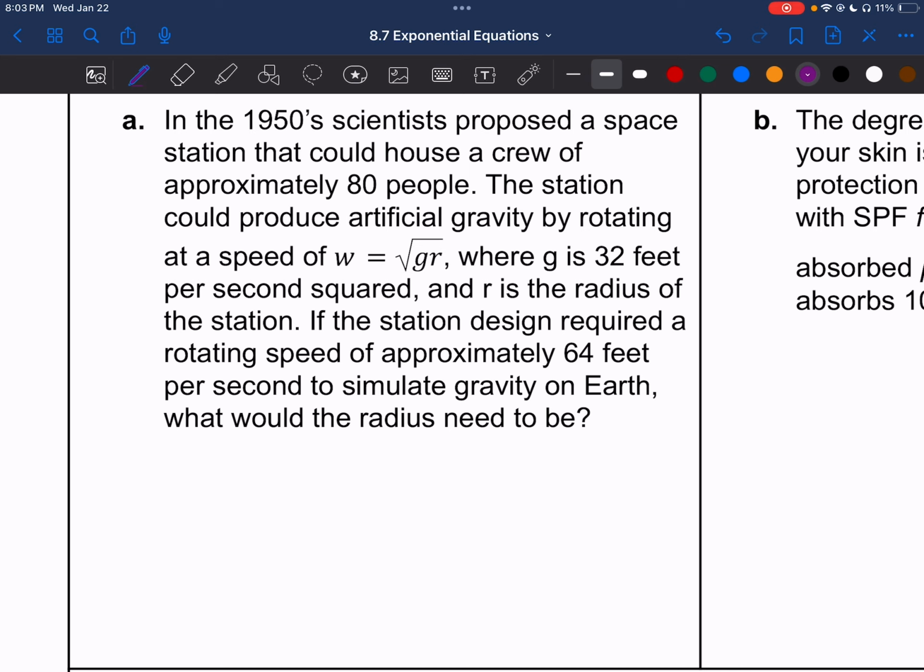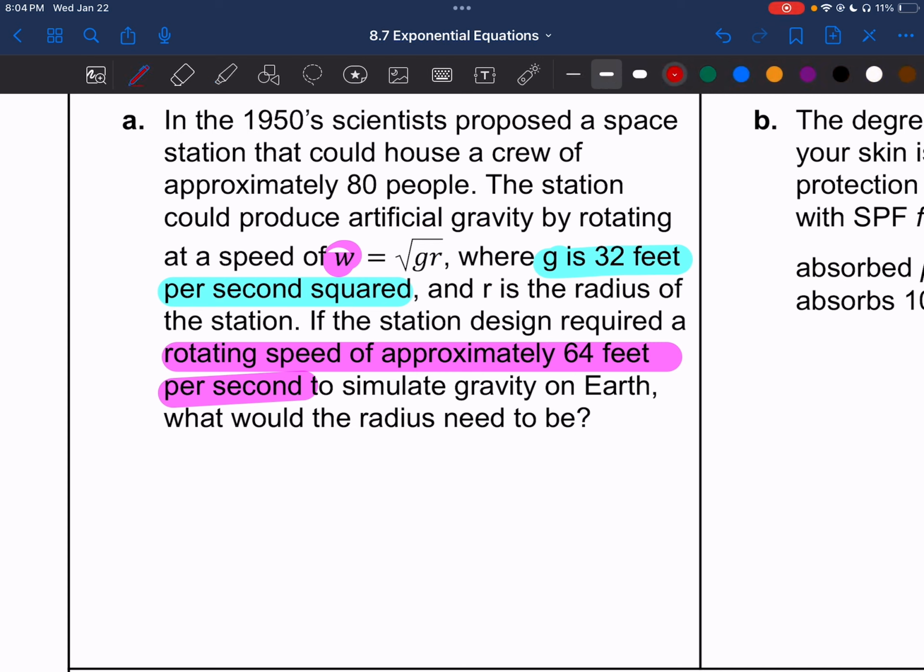Well, let's substitute in what we know. So far, I know that g is going to be 32 feet per second squared. I know that my rotating speed is approximately 64 feet per second, so that would be our w. So we know w, we know g, we're trying to find r.